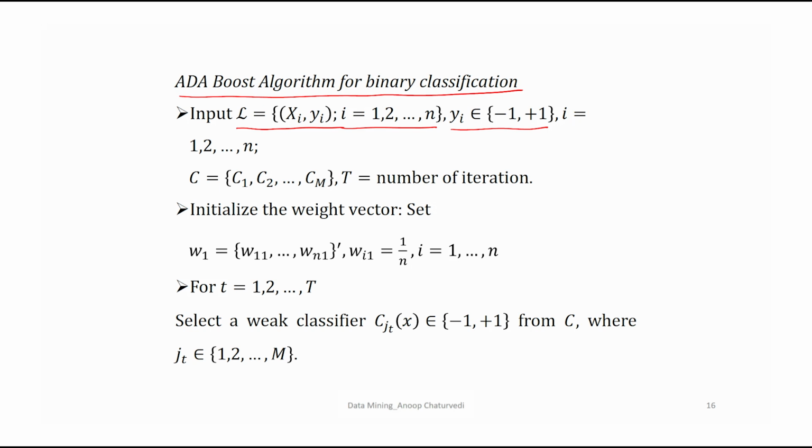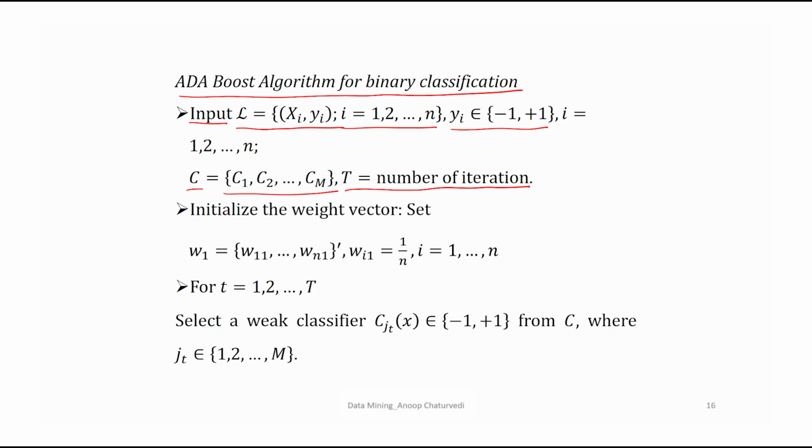Your input is this learning set, and it also includes these classes C1, C2, ..., Cm, which we denote by C. And suppose capital T is the number of iterations which we have already fixed as input.